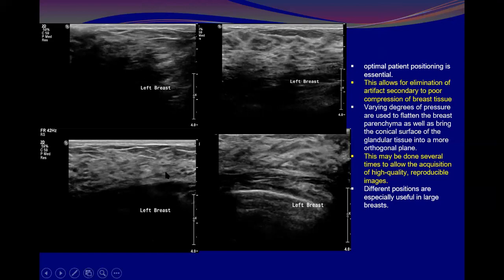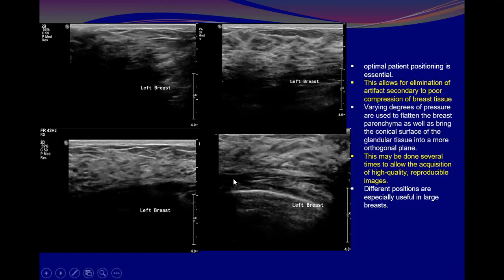All these artifacts were due to improper patient positions. And sometimes you might also need just to add more pressure. And by optimizing the positions, remember that the breast will be thinned and the angle of the probe will be optimized.